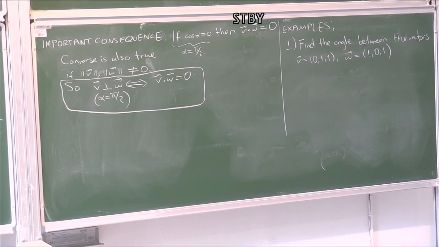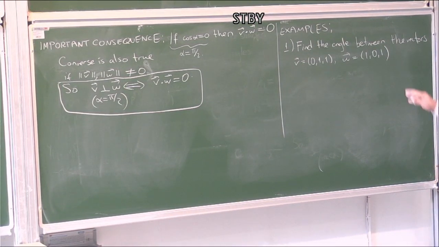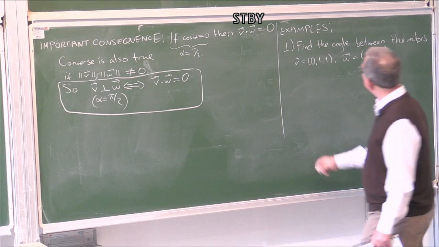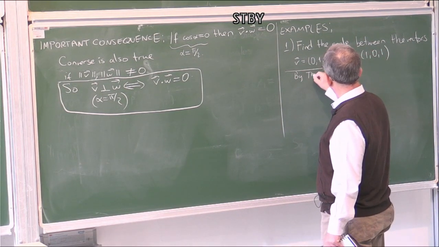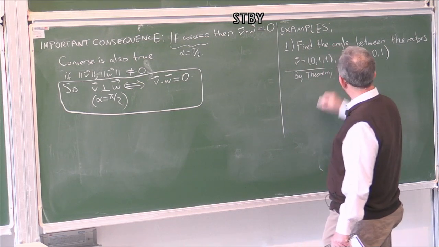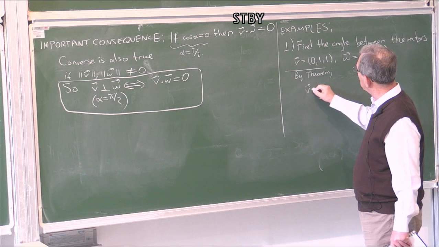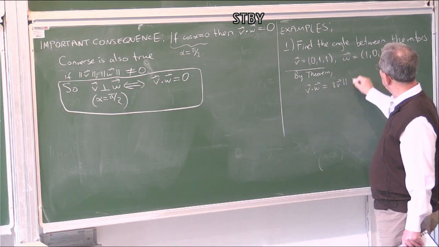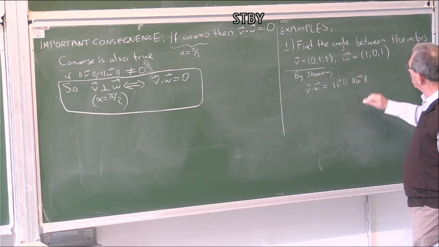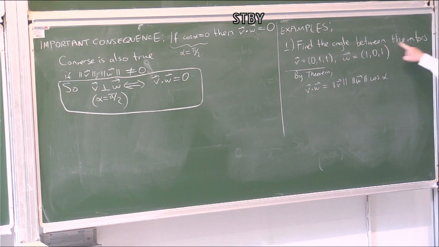Okay, because of the zeros, you can determine this by sketching as well, but we will not do that. We will consider then, by the theorem, the dot product is length of V, length of W, cosine of alpha, where alpha is the angle between the two vectors.